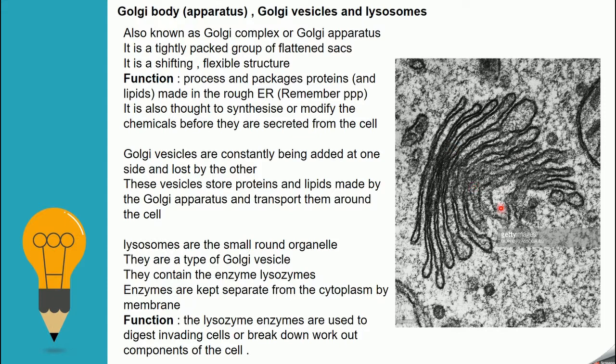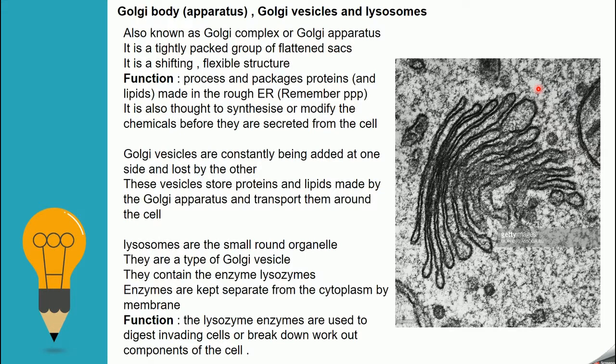So these Golgi apparatuses have these little sacs at the end, cisternae, and they just pinch off to make these things called Golgi vesicles, like here. And Golgi vesicles are constantly being added at one side and lost by the other.